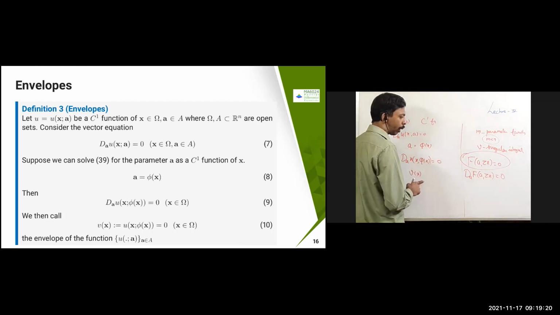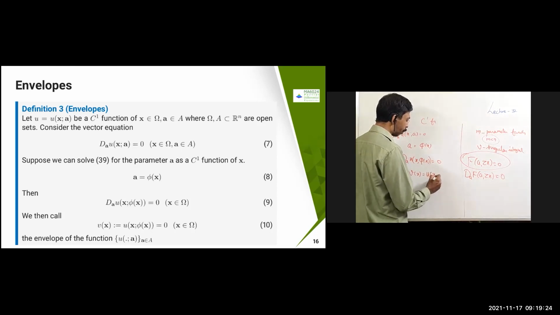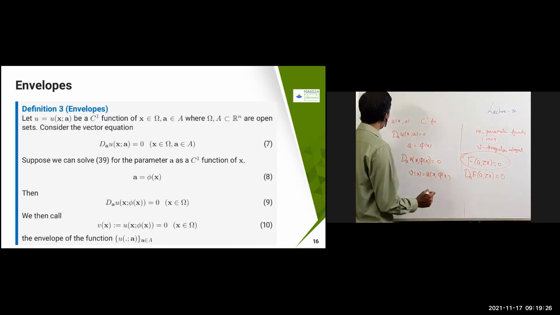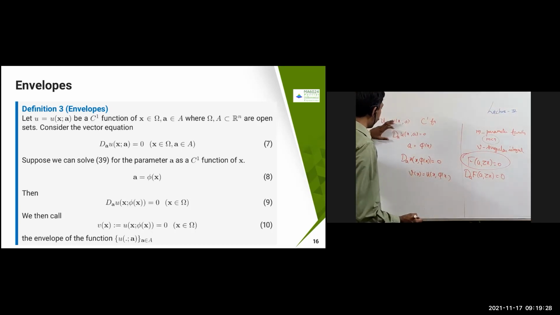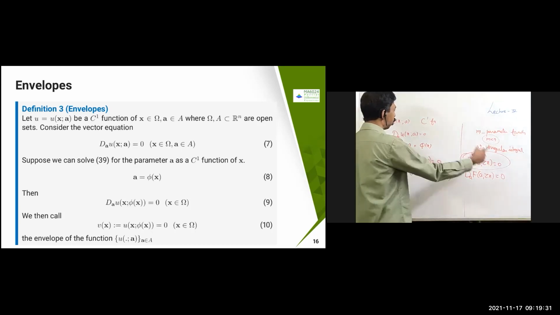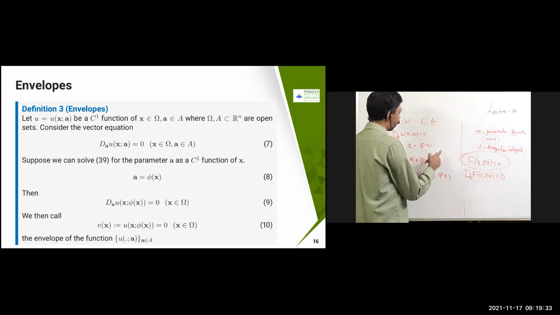So v of x becomes u of x comma pi of x, because my original solution is u of x comma a. Since I am solving this with the derivative equal to 0, I get a equal to pi of x.